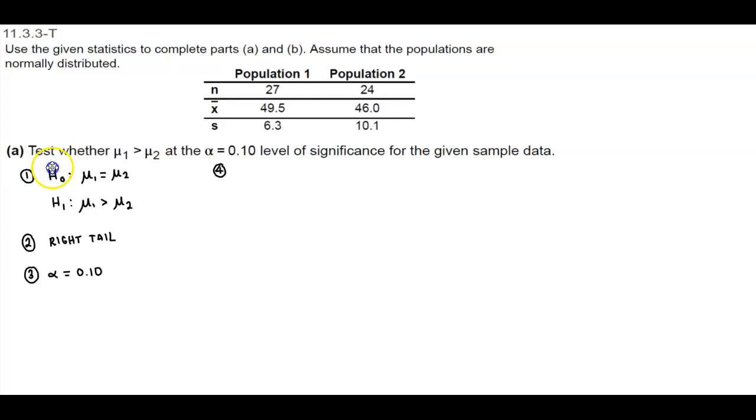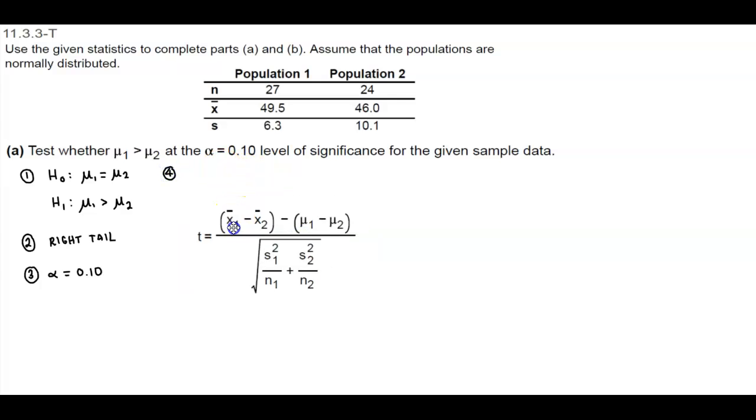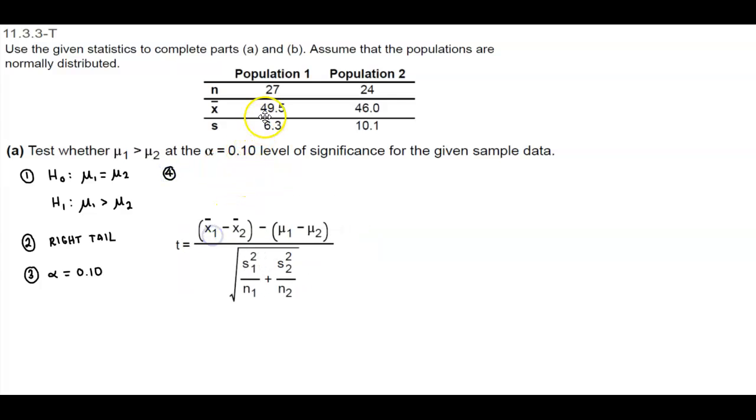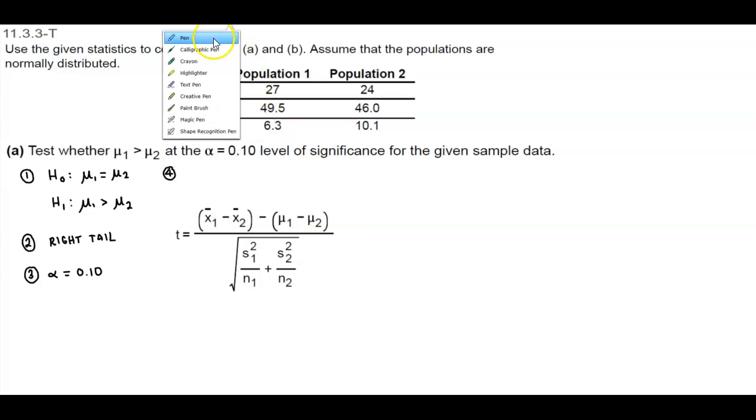Now for step 4, we want to figure out the test statistic. We know the information from the problem: sample size 1, n1, mean 1, and the standard deviation, and then sample size 2, which is 24, the mean, and the standard deviation.